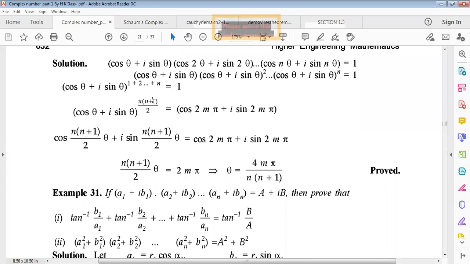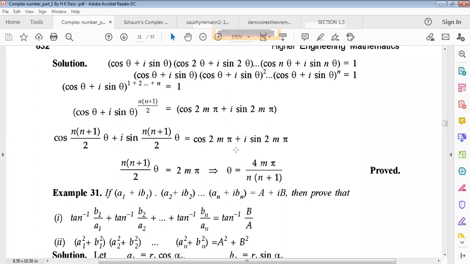So this whole power can be written as cos(n(n+1)/2 theta) + i sin(n(n+1)/2 theta). That means by using de Moivre's theorem, the power will be multiplied with the angle. So this equals cos 2m pi + i sin 2m pi.